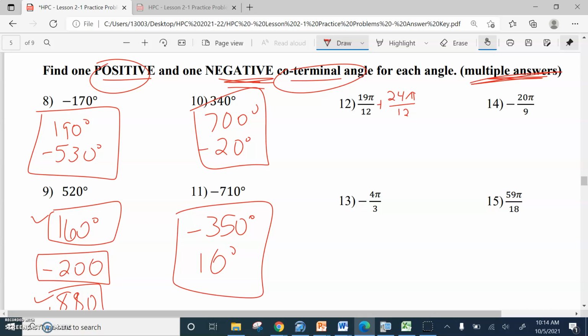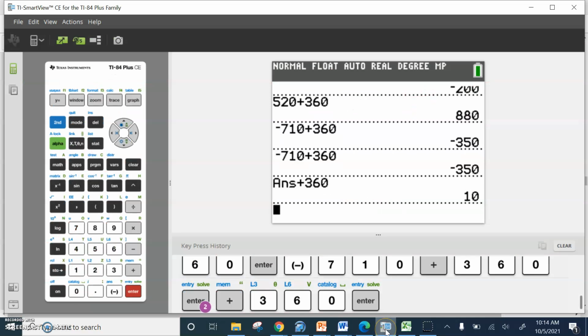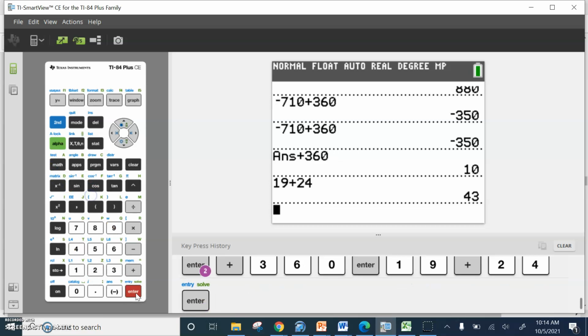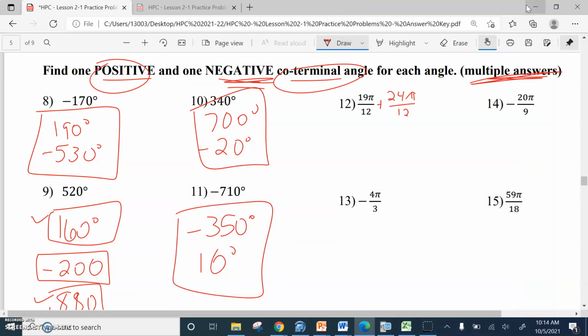But now I have fractions with the same denominators. I can just add them together. So 19 plus 24. So one perfectly acceptable answer, 43 pi over 12. That is a positive coterminal angle.